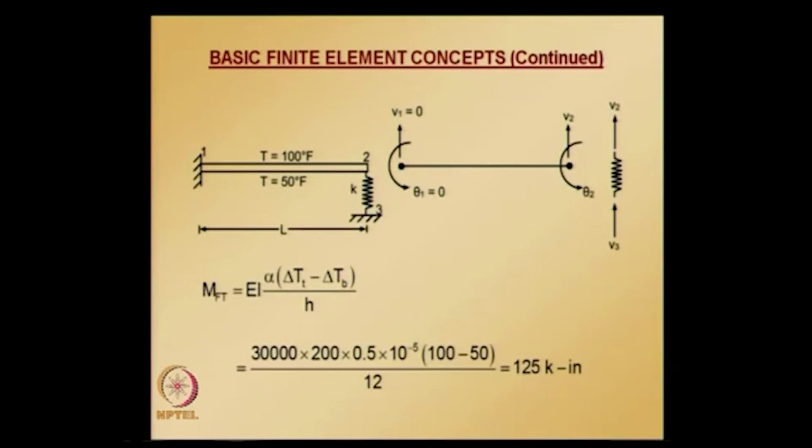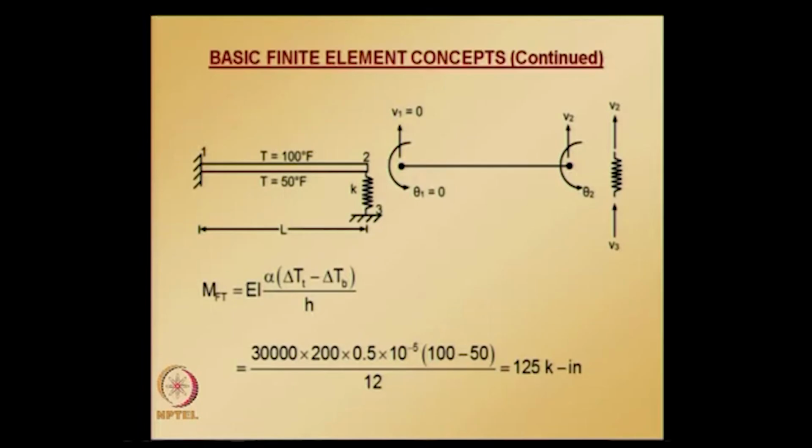And this is what is shown here, and please note that we are working in FPS units. We got MFT, and following the sign conventions for applied moments and shears, putting the fixed end solution in a vector form and reversing the sign, we are going to get the equivalent nodal vector for the beam element.